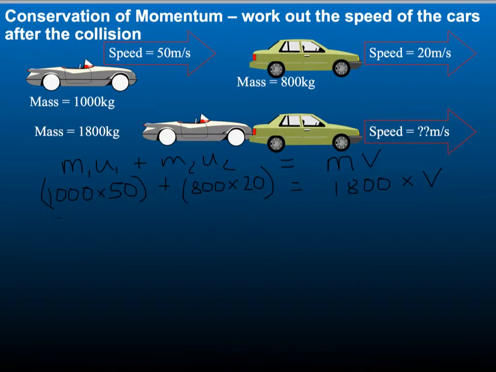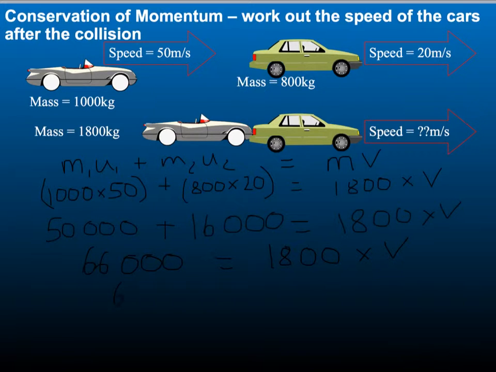So this is equal to 50,000 plus 16,000 equals 1,800 times v. This gives us 66,000 equals 1,800 times v.